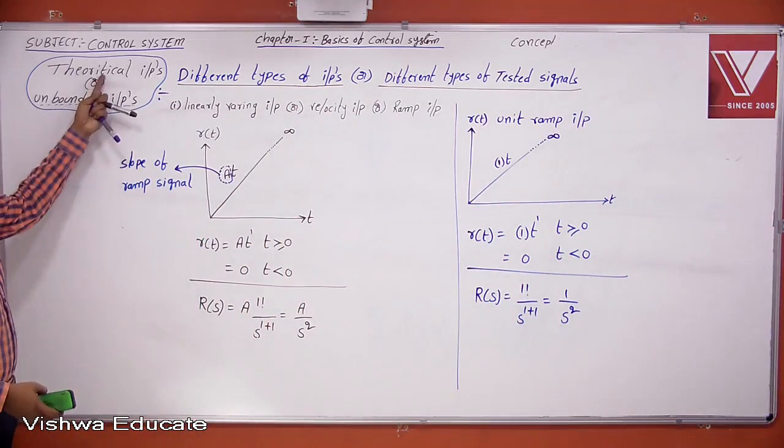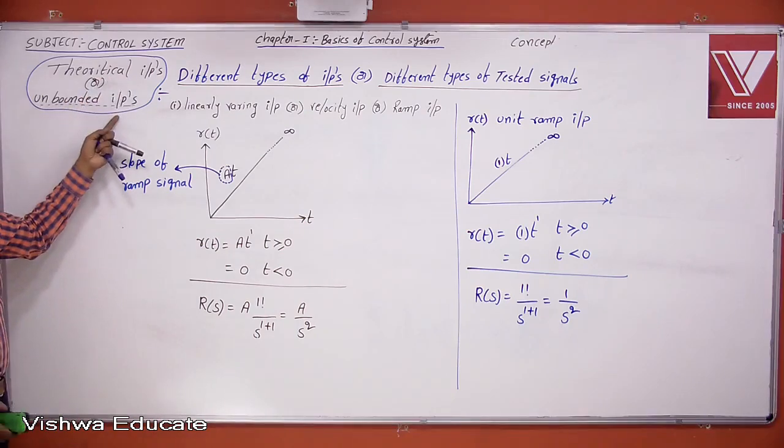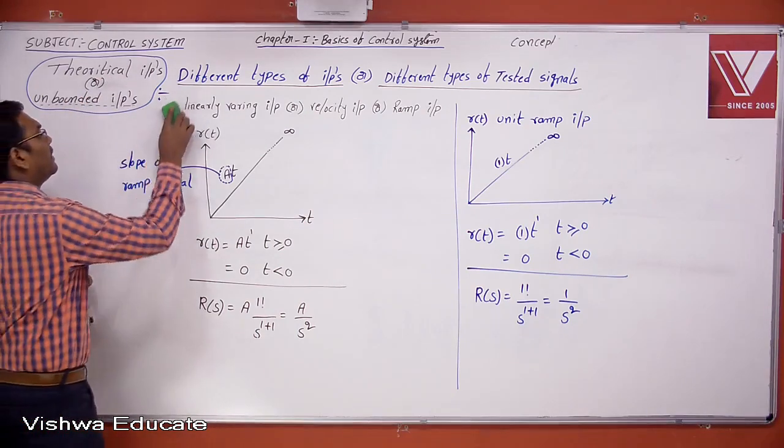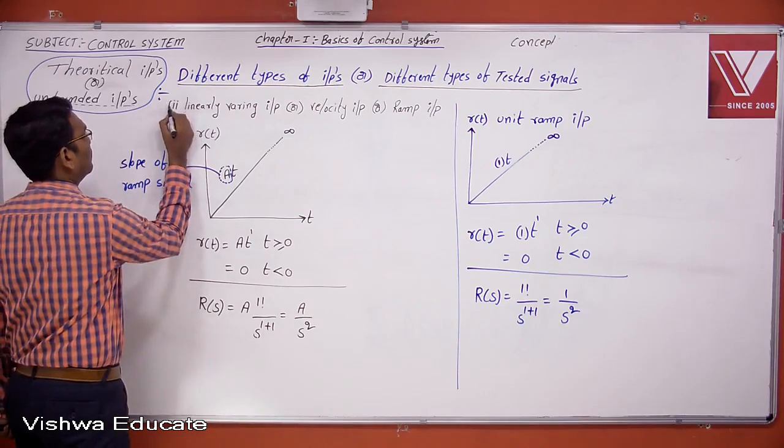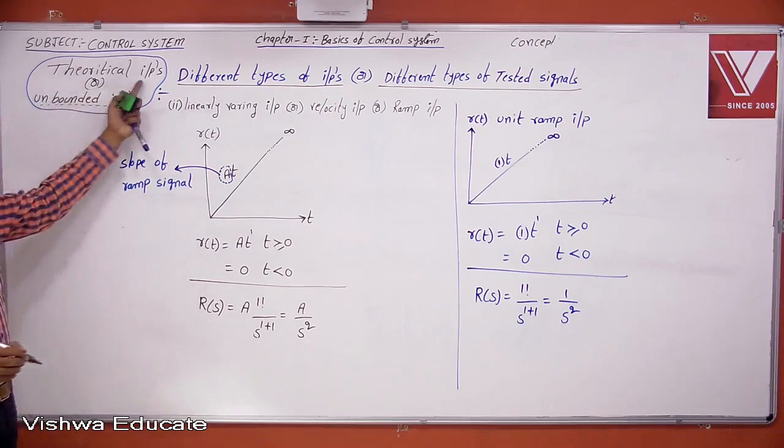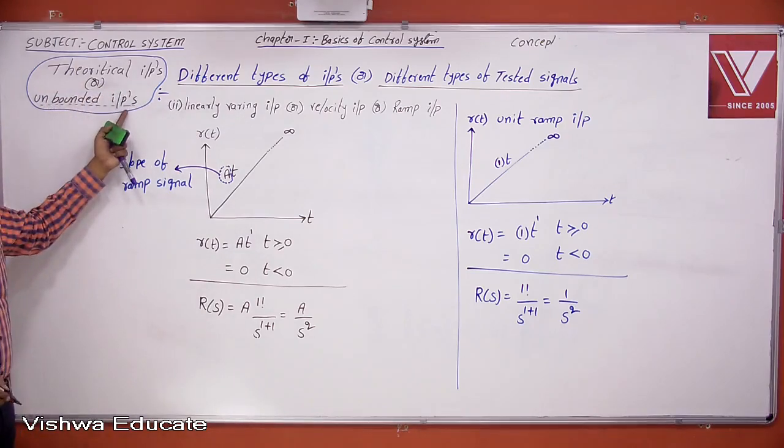Now in the theoretical inputs or unbounded inputs, we will see the second category. All these are theoretical inputs or unbounded inputs.